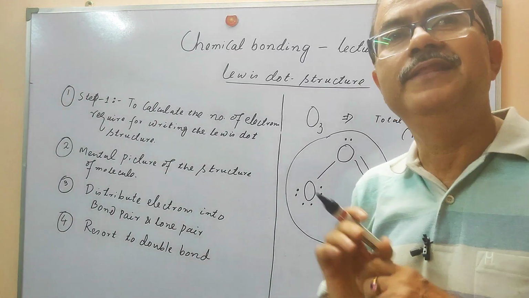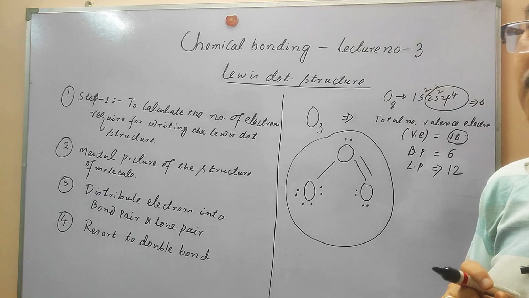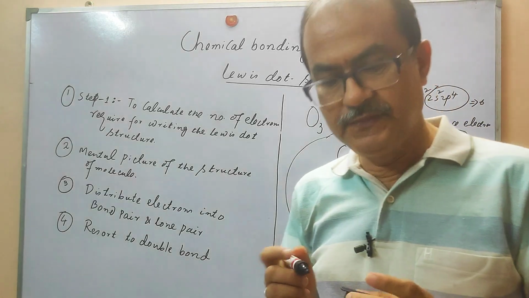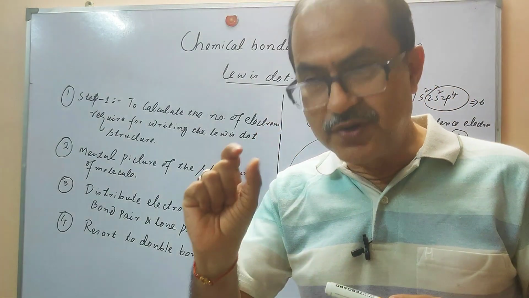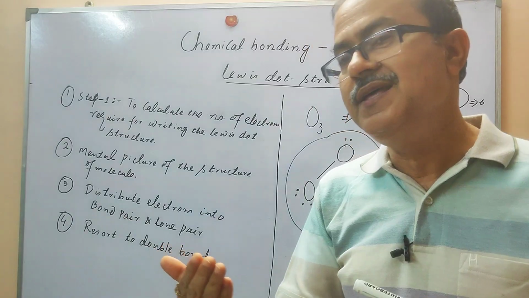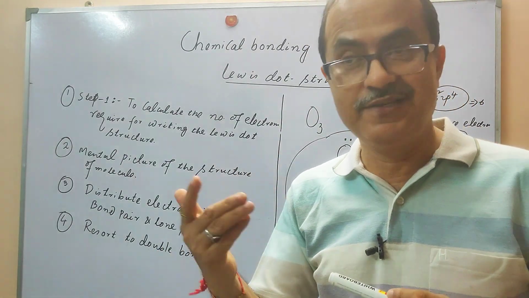If it is not, then we have to resort to the double bond. Okay, that is how we are able to write the Lewis dot structure. Now we are going for ions. Suppose there is an ion, then how can we write its Lewis dot structure?